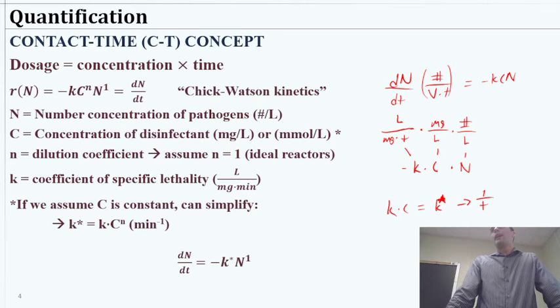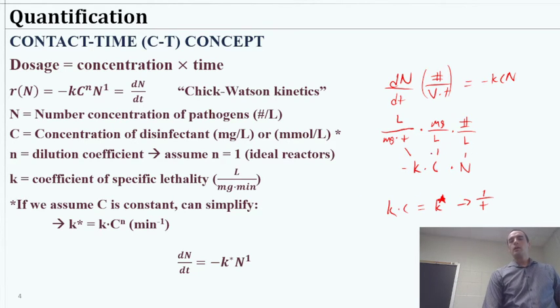So it's actually much simpler in a way than our flocculation stuff. We just have a definition for K. We know it's going to be first order because it depends on how many bacteria are there. That's going to be relevant. We're removing some portion of them over time. So disinfection is this whole thing with the units.